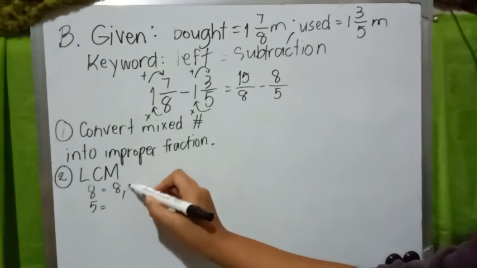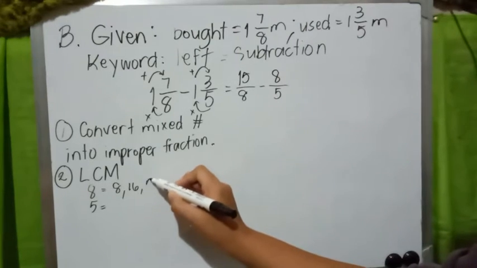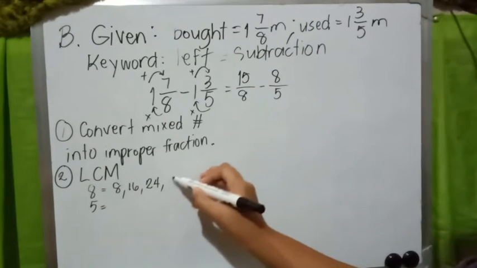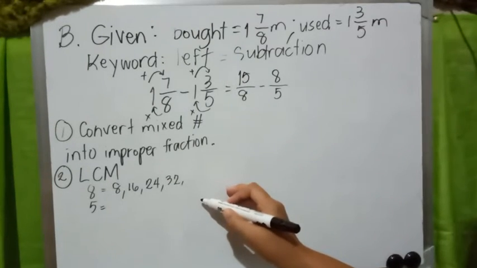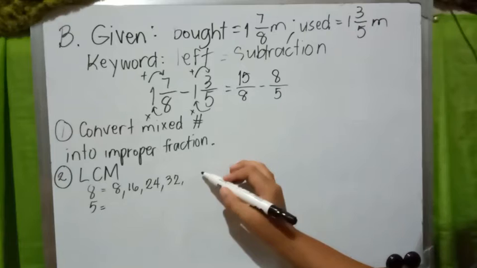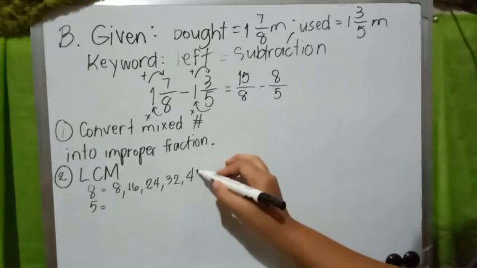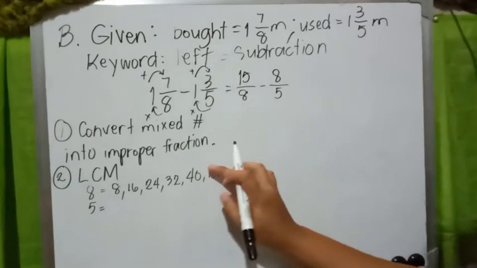Okay, let's do the listing method. 8, 16, 24, 32, 40, and so on.